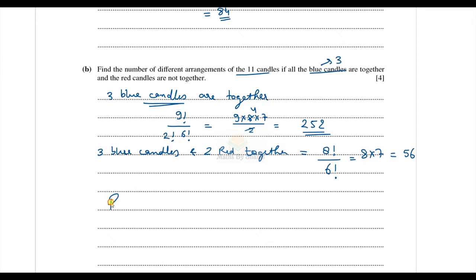Hence the required arrangement is equal to 252 minus 56, which is 196. So there are 196 different arrangements in which 3 blue candles are together and 2 red candles are never together. I hope it is clear. Let's do the next question.